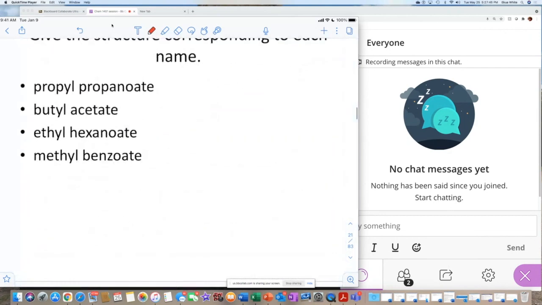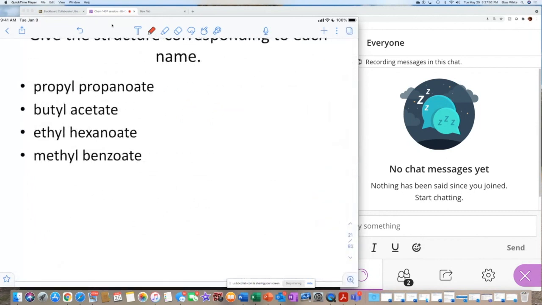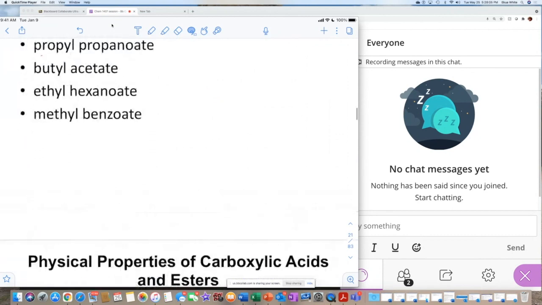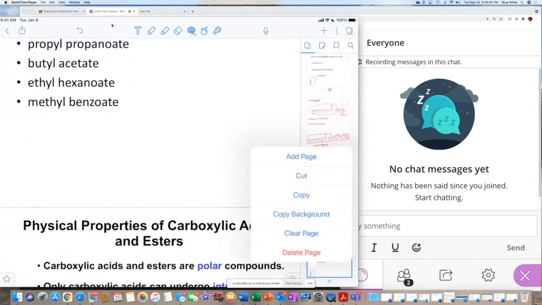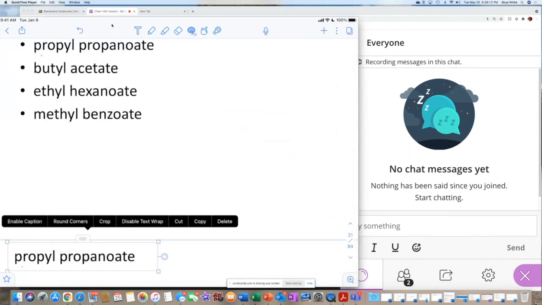Okay, so can we go from these names to the structures? Let me pick a couple here that we can work on so I can go a little faster because these are a little different, right? Propyl propanoate. Okay, hold on. Oh, a page didn't add? Okay, paste.